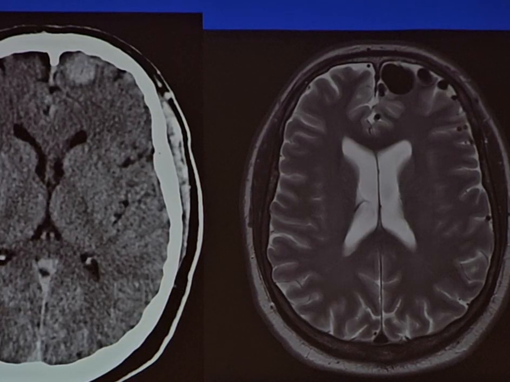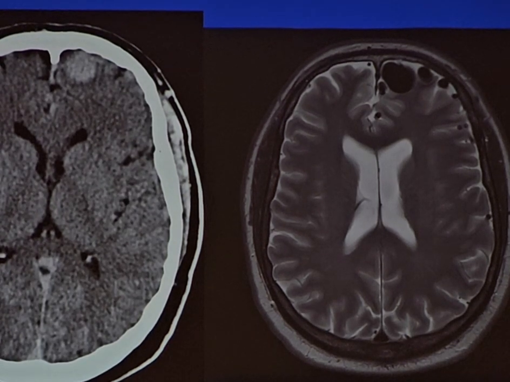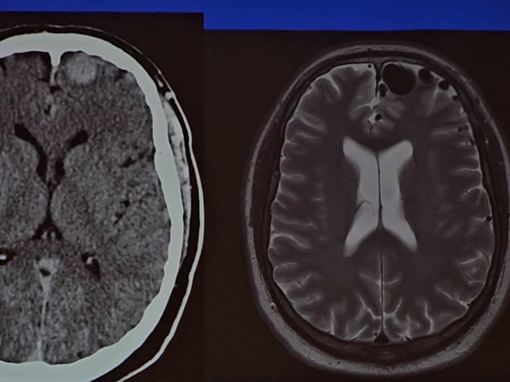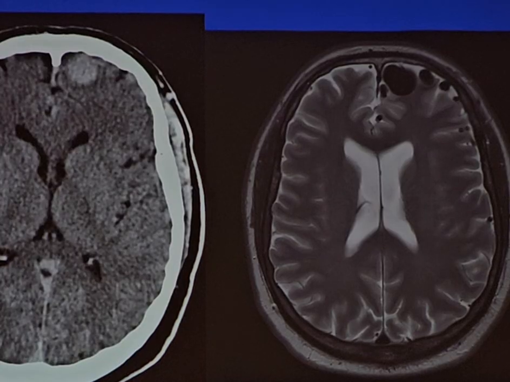What else? They usually get contribution from other vessels as well, little meningeal, even facial through the nasal area. So you can have lots of supply to this area, okay? But we've got ophthalmic supply.